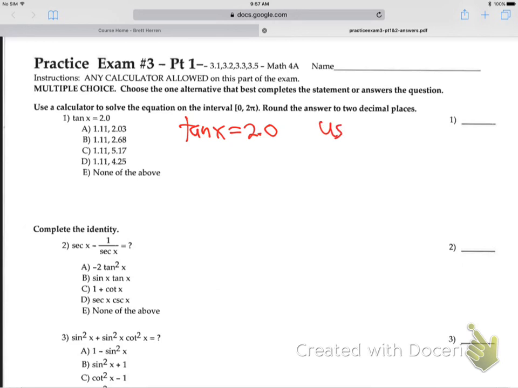So when you use the calculator, I said step number 1, change to positive. Did y'all see that? Now, it already is positive, so great, don't need to do anything with it. But if that was negative 2, I would change it to positive because I want to get the first quadrant answer.